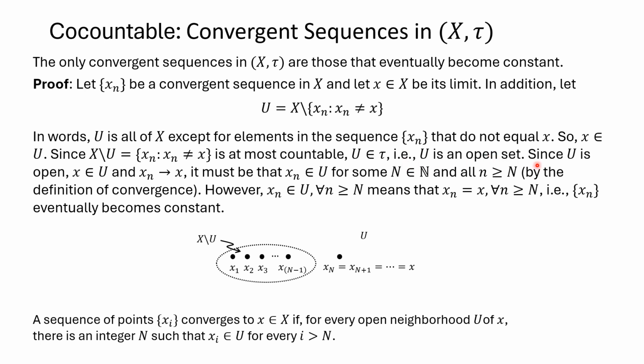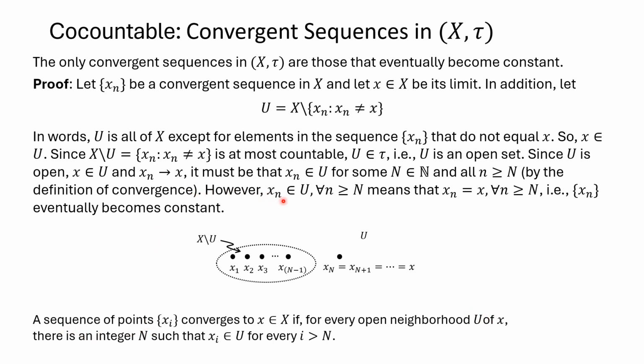Since U is open, x is an element of U, and the sequence x sub n converges to x, it must be that x sub n is an element of U for all little n greater than some positive integer capital N. That's by the definition of convergence, which I recopied down here from the previous slide.